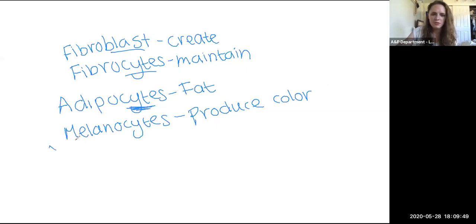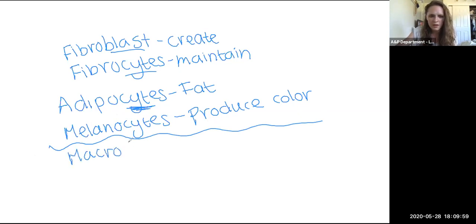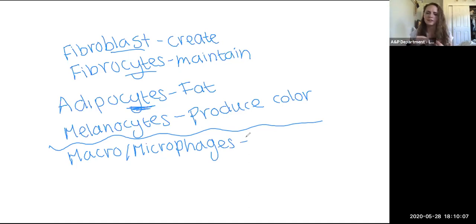Next, we're going to go down to a different type. We're still on cells of connective tissues, but these perform a little bit different functions. You have macro and microphages. These are your garbage men. They just pick up bacteria. It doesn't matter what that bacteria is. They're just going to stop and eat it and destroy it. They're for protection.